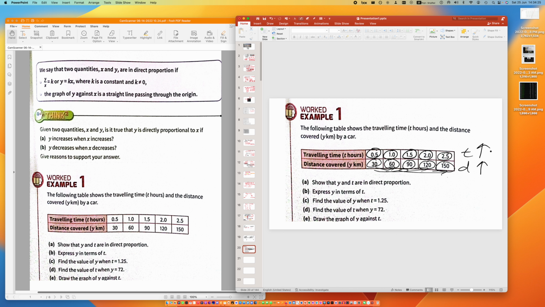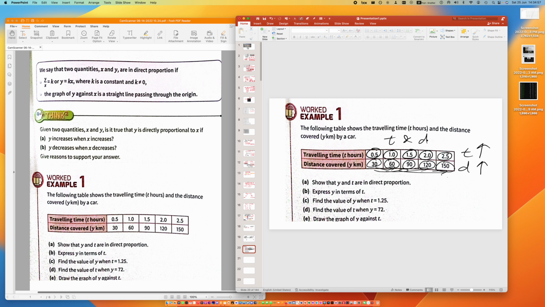So can you see, short distance, less time, long distance, longer time, right? Does it make sense? So for this one, you can see that the time goes up when the distance goes up. When we talk about a relationship, it's always at least 2.